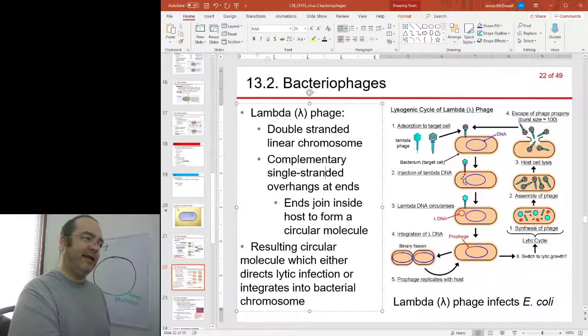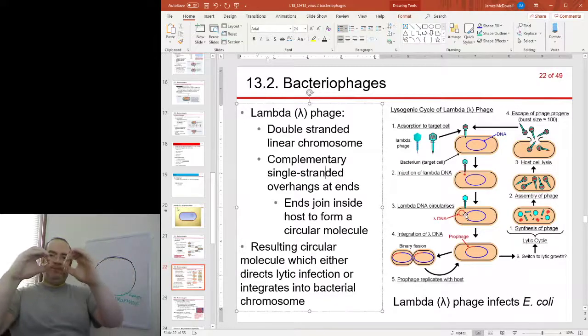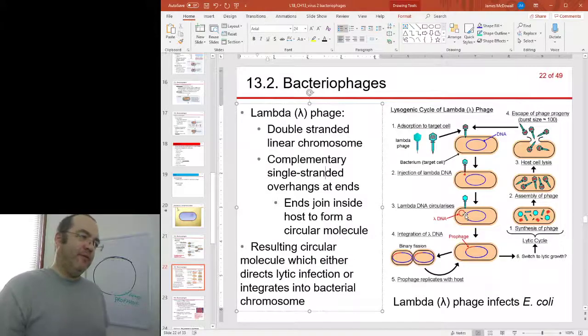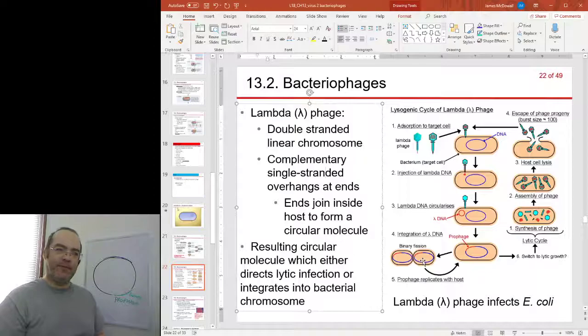Once it's injected into the bacteria, it forms up into a circle, and then that circular DNA sticks to the host cell chromosome, and they combine into a single piece of DNA, i.e. the chromosome. And then the lysogen, the bacteria that now has the prophage in it, will undergo binary fission, and it'll replicate the viral genome along with its regular genome.